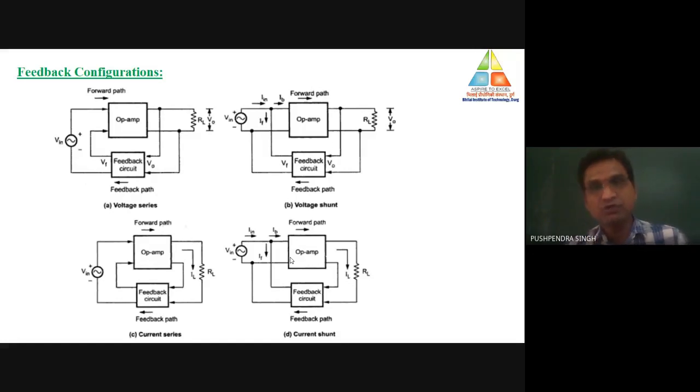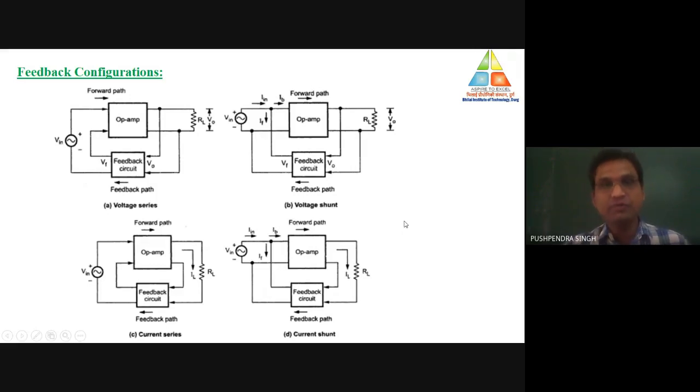If the output voltage is connected in parallel or shunt with the input, that is called voltage shunt. Similarly, if the output current is connected in series with the input, that is called current series, and if the output current is connected in shunt or parallel with the input, that is called current shunt. So these are the 4 different configurations which may be used for giving feedback into the circuit.